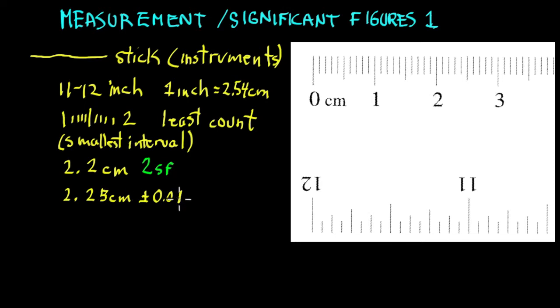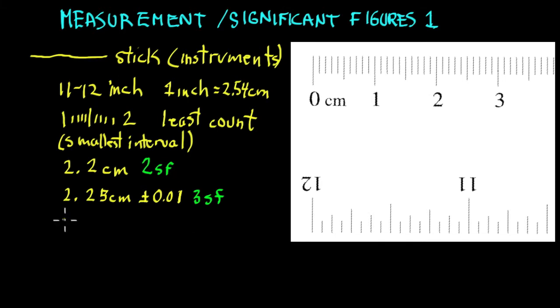We're estimating to hundredths. In other words, this measurement here, we're saying could be as much as 2.26 or down to 2.24. This is still called a significant figure because even though we have uncertainty, we place value on it.